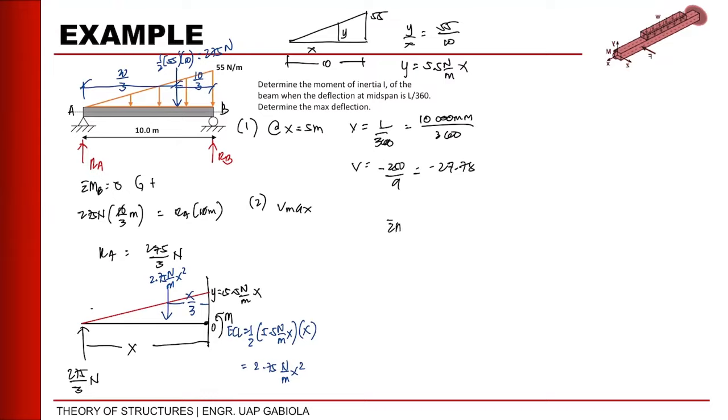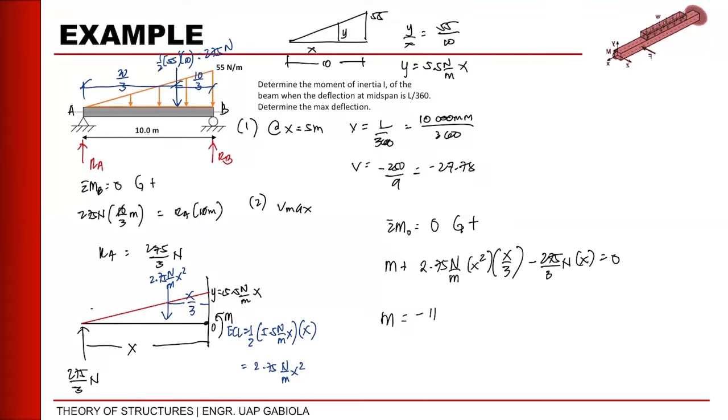So, summation of moment at O equals 0, taking counterclockwise as positive. We have M plus our 2.75 Newton per meter x squared times x over 3 minus 275 over 3 Newton times x equals 0. So our moment equation will be 2.75 divided by 3, that is 11 over 12.